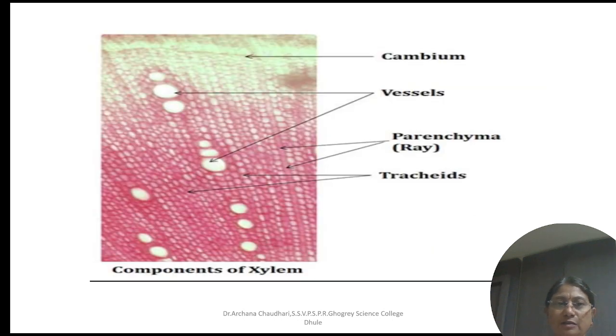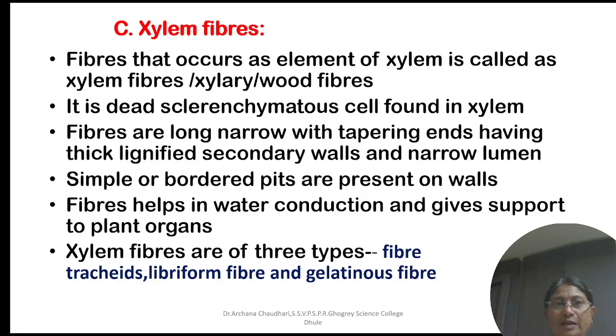This is the microscopic TS showing the vessels, which have a broader, pore-like lumen. And those having the narrow lumen are the tracheids. The third xylem element is xylem fiber.